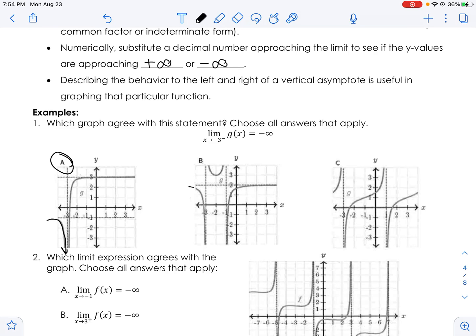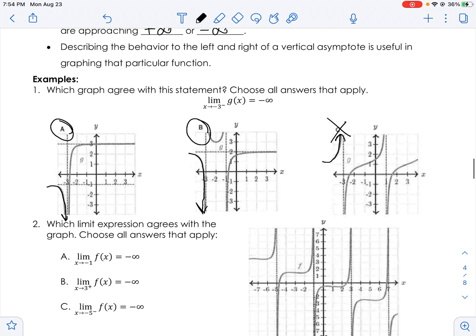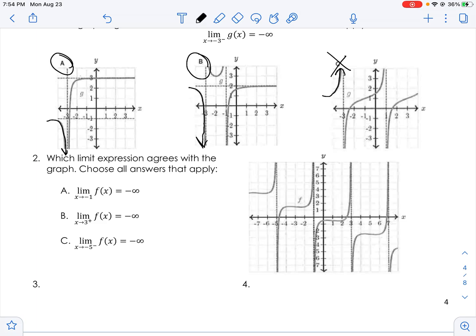Answer choice B, as I'm approaching -3 from the left side, this graph is also going down towards negative infinity. Perfect. Answer choice C, as I'm approaching -3, this graph is going up towards positive infinity, so that one does not work.